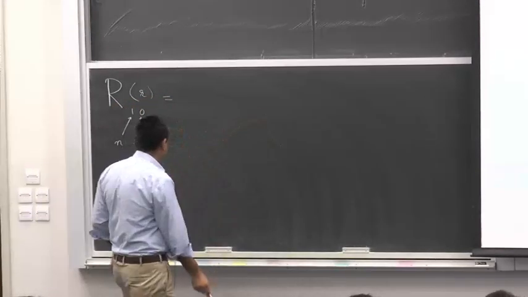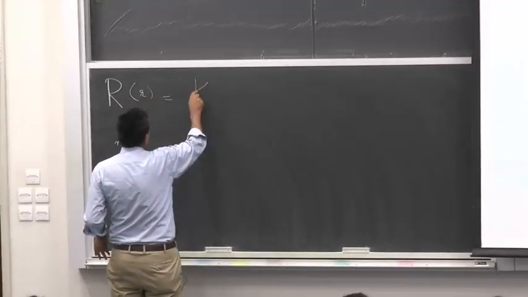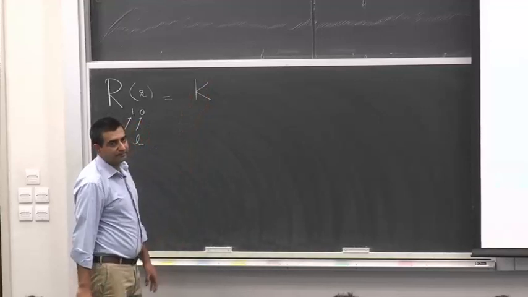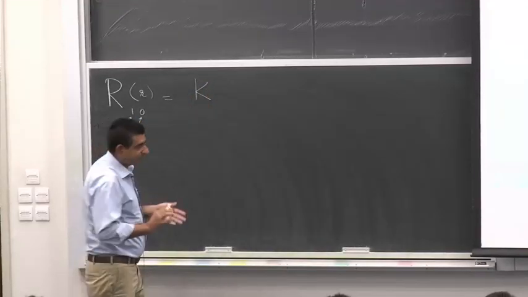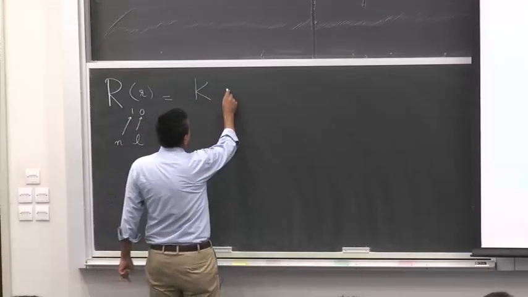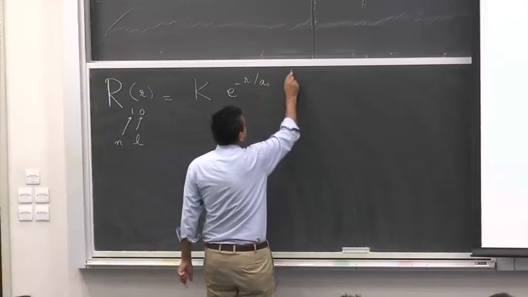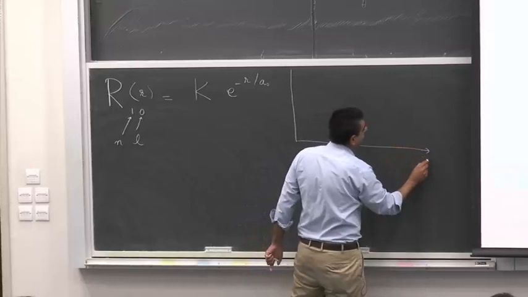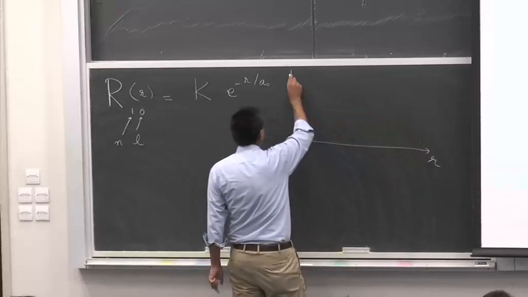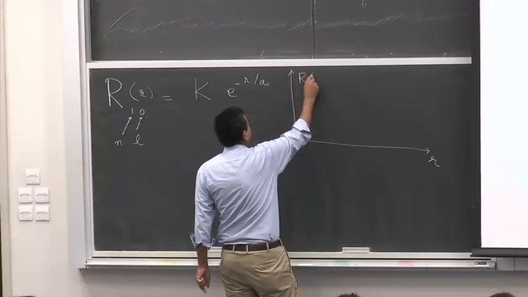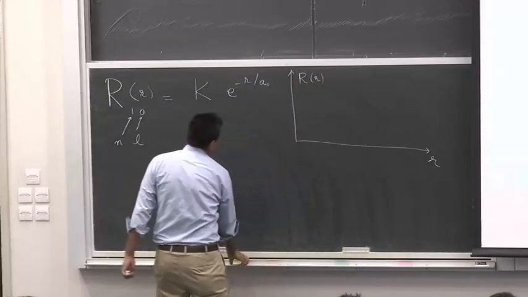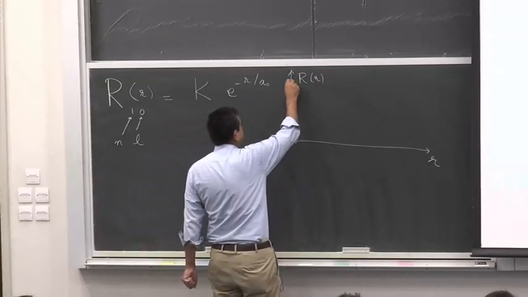I don't care about the constant for the time being, so I just write K. This is a specific constant, but I just write it K, e raised to minus r over a naught. And in the previous lecture, we actually did plot this wave function. This is just an exponential decay.